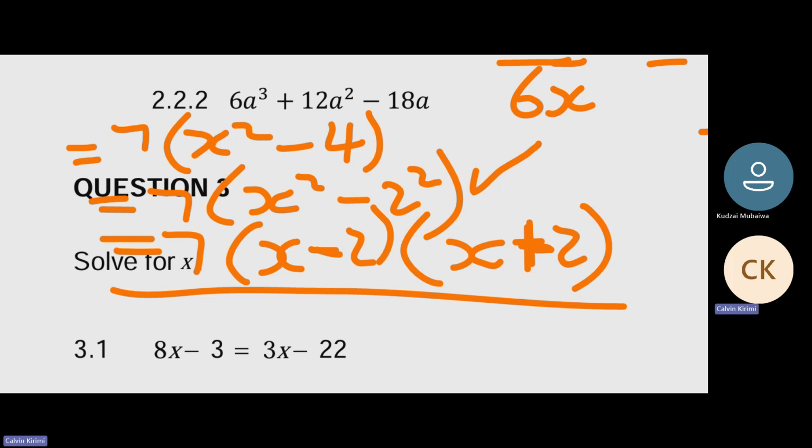What is your answer? 6a cubed plus 12a squared minus 6a.